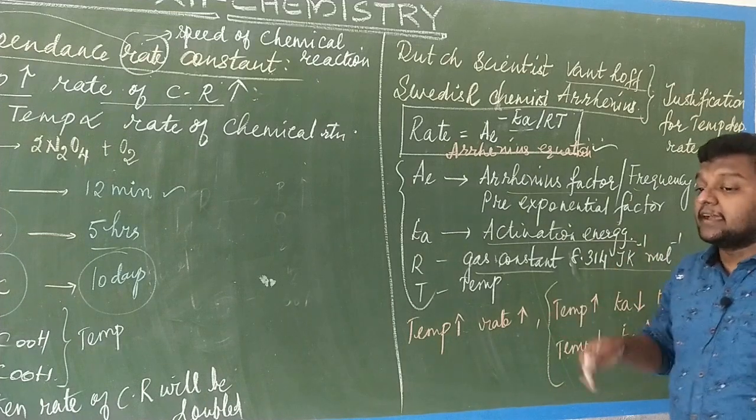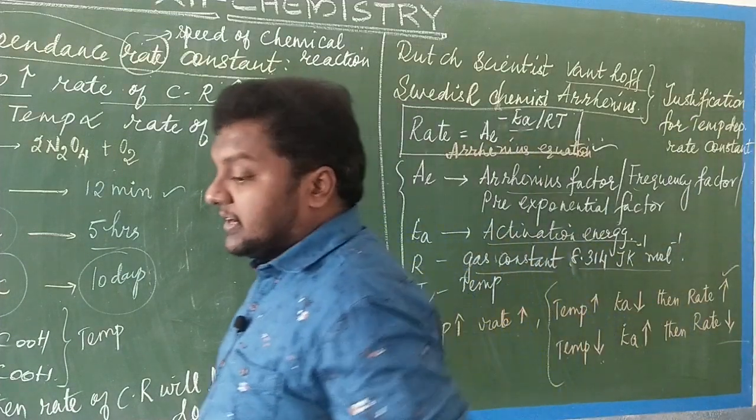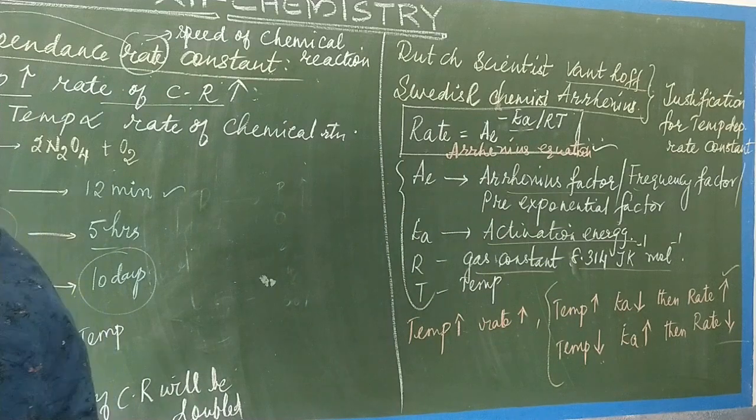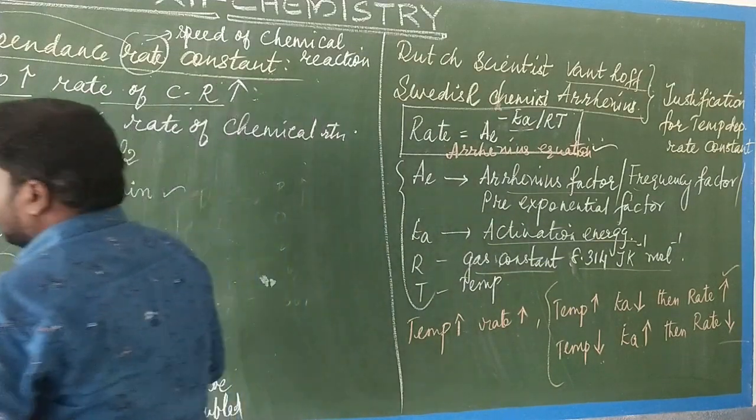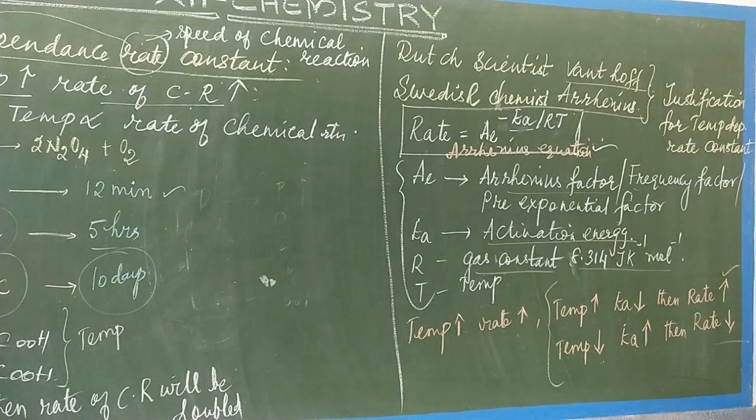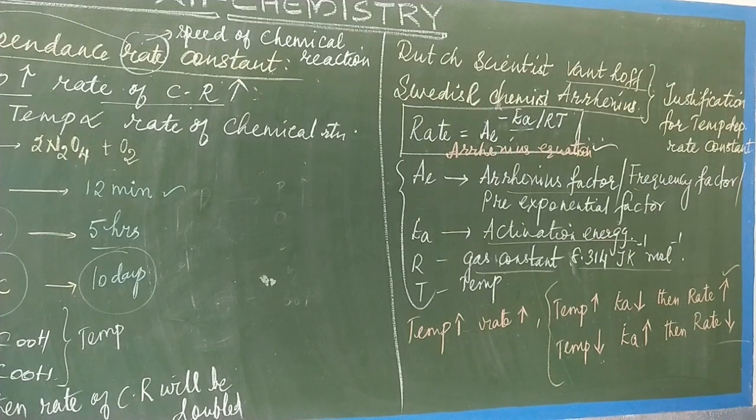To explain the concept further, we have one equation, and a graph that we will see now. For example, we take hydrogen iodide.